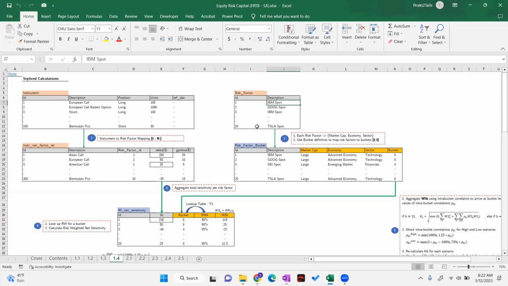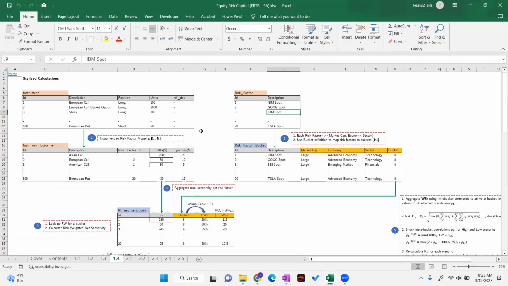Then we'll have risk factors, lots and lots of risk factors. Risk factors could be equity spot prices. That is what we are concerned with for equity capital charge. There would be volatility surface risk factors for Vega risk charge calculation.